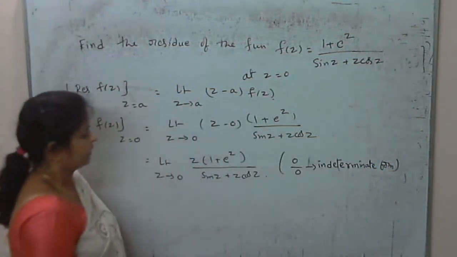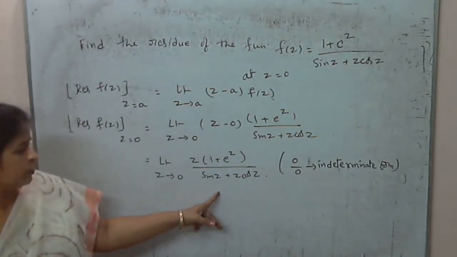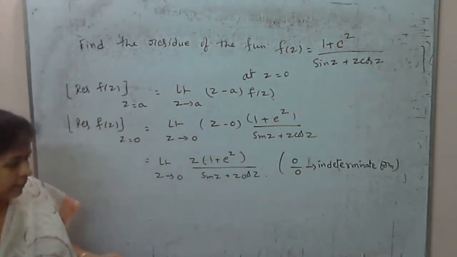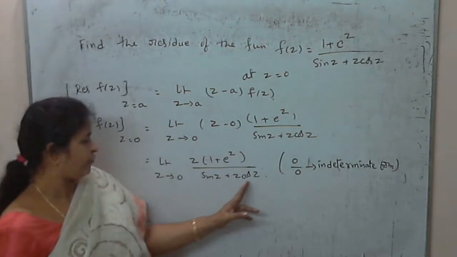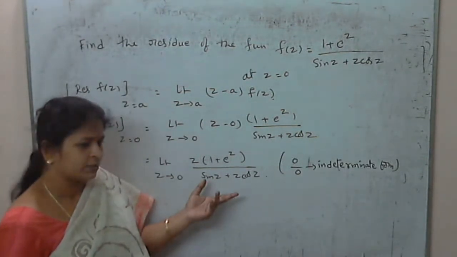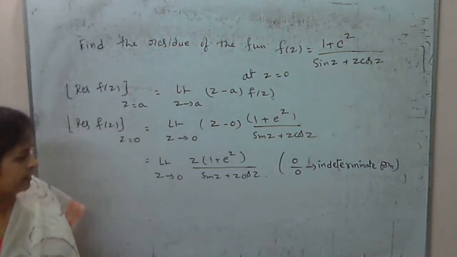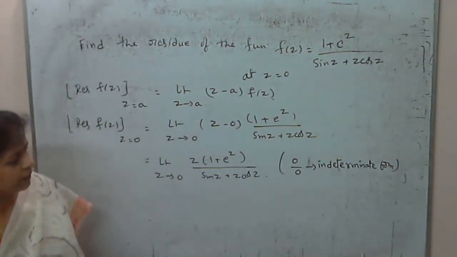So if you substitute z equal to 0 directly, you will get an indeterminate form. So you have to follow another method. There are no factors for the denominator, so you can't factor it. So you have to apply L'Hospital rule in this case.